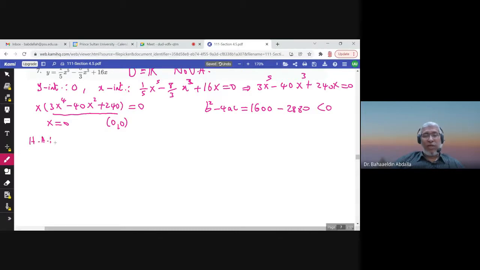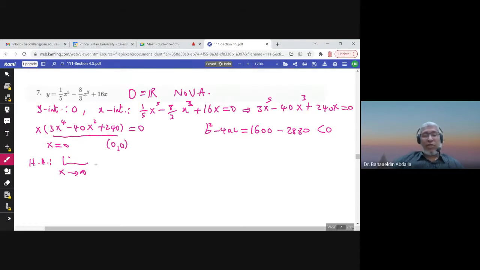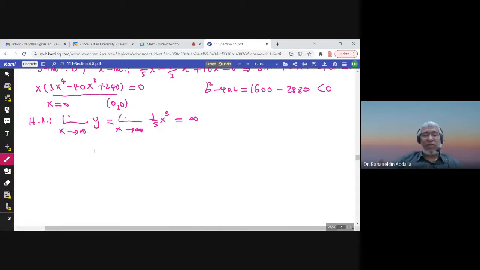There is no horizontal asymptote because this is a polynomial, but let us find the limit as x approaches infinity of y. To find the limit when x approaches infinity, we take the term with the highest power, which is 1 over 5, x to the power 5. If I replace x by infinity, infinity to the power 5 over 5 is just infinity.